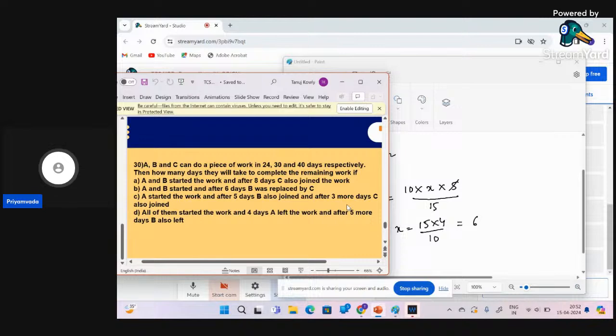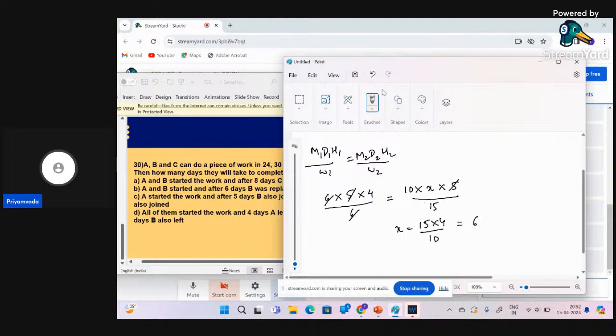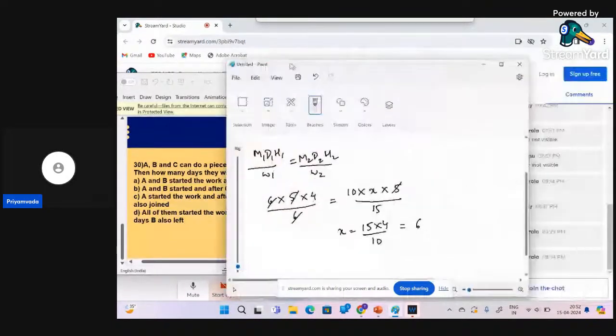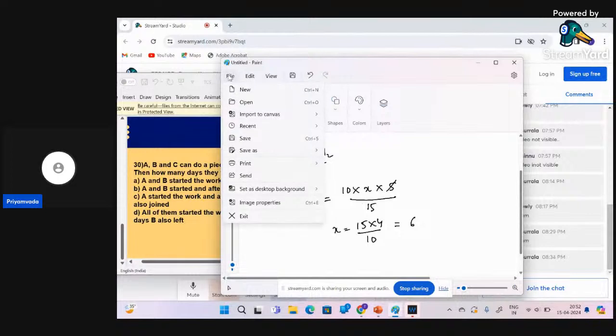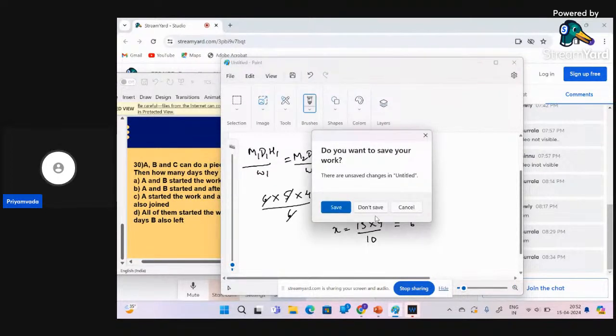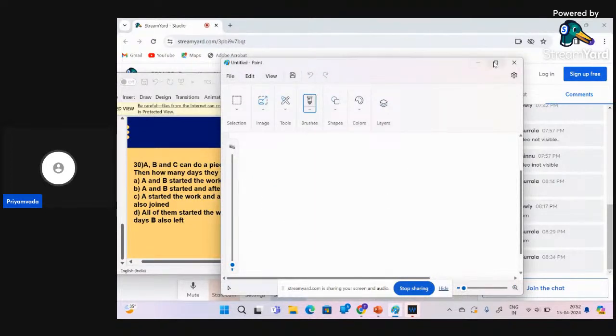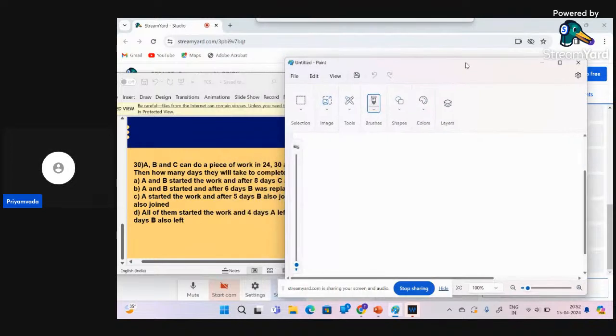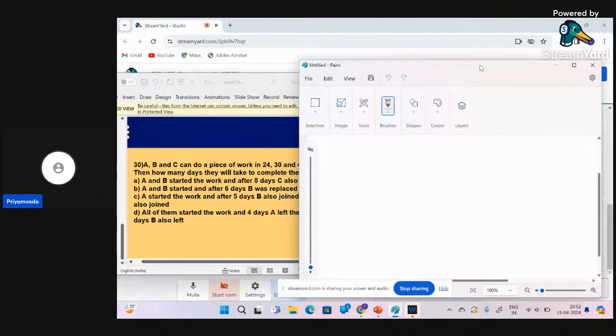Then how many days will they take to complete the remaining work? First of all, they have given the number of days all of them take, right? 24, 30, and 40. Now we'll solve this kind of question using the efficiency method, right? We'll be using the efficiency method here.